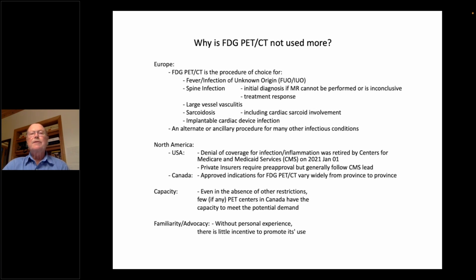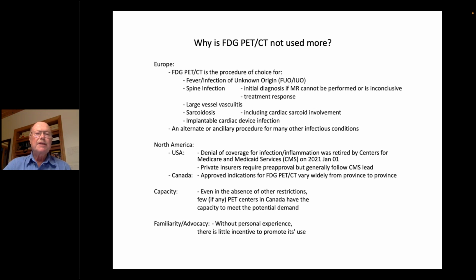In Europe, it's widely used. Various associations interested in infection have recommended FDG PET-CT as the procedure of choice in fever of unknown origin, in spine infection where MR cannot be performed or is inconclusive for initial diagnosis, and certainly for treatment response where improvement on MR is significantly delayed.